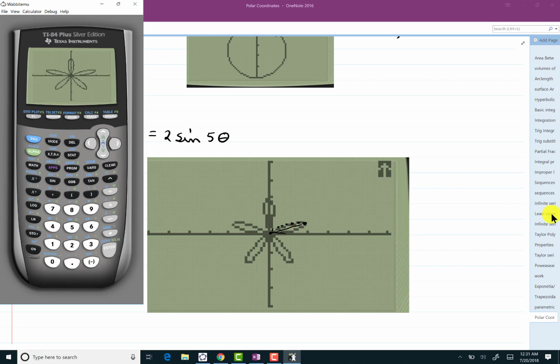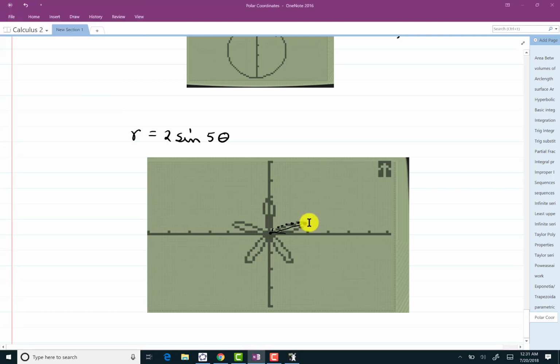But you'll notice that after pi over 5, like when I came in the first quadrant here, when I got to pi over 5, it was 0. But then what happens at more than pi over 5? Well, that means sine is dealing with an angle that is more than pi, so you have to be in the third quadrant for an angle like that.